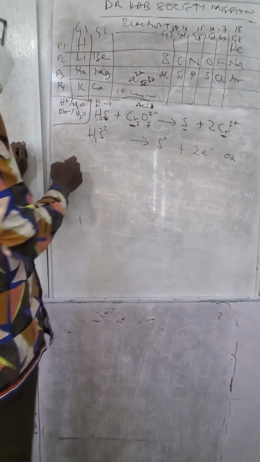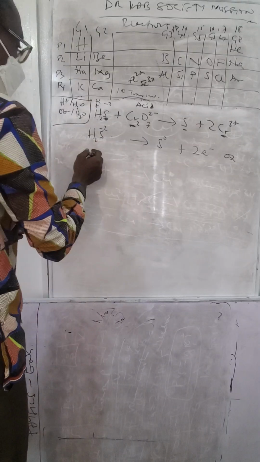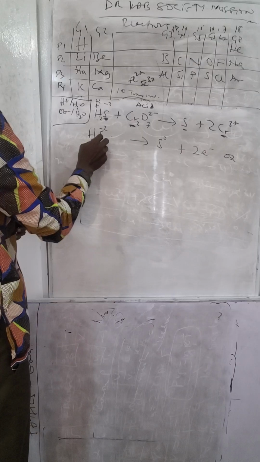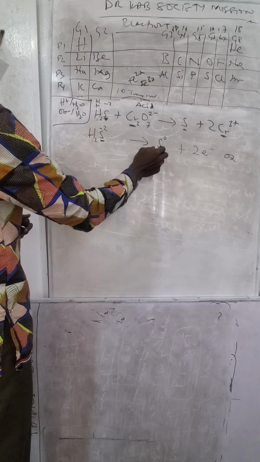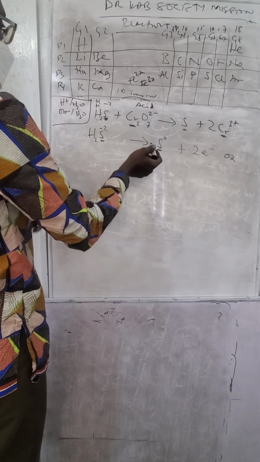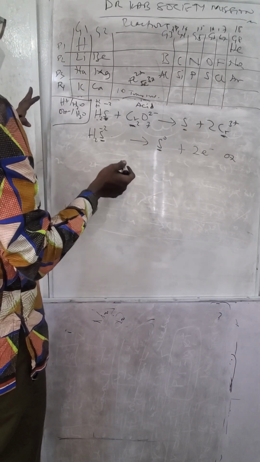Okay, so let's balance it here. Let's see whether it's balanced. We have 1 S here. What about the H that we have? Because we said this is an acidic medium, you should remember that.